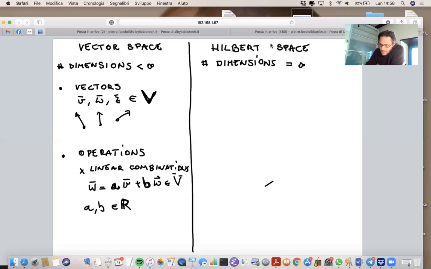But there are actually two more operations that are very relevant. One is the inner product, which is basically represented by V times W, and it's an operation that in this particular vector space is symmetric and projects vectors into real numbers.